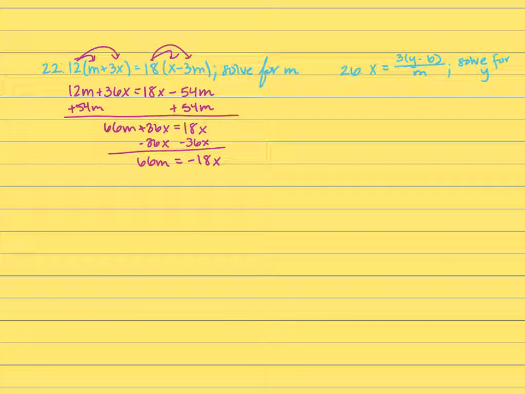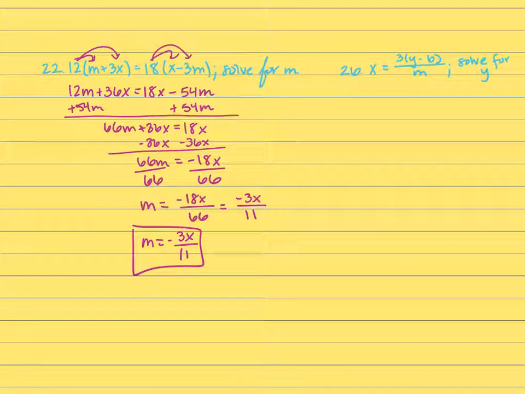And I want to solve for m, so I'm going to divide both sides by 66. So we get m equals negative 18x over 66. I'm going to reduce this by 6 in numerator and denominator, so I get negative 3x over 11. And so m equals negative 3x over 11 is my new literal equation.